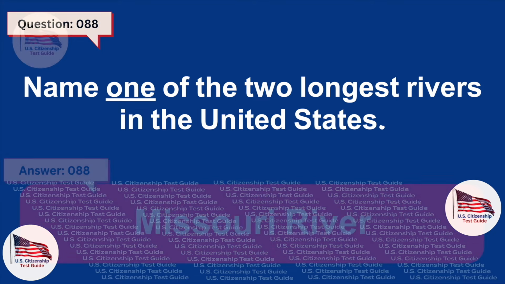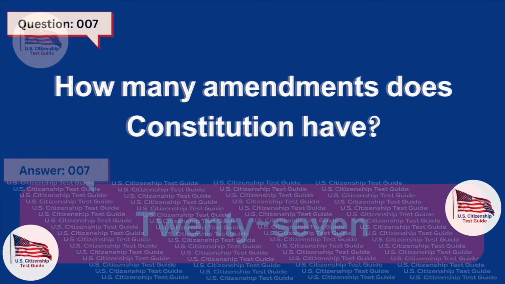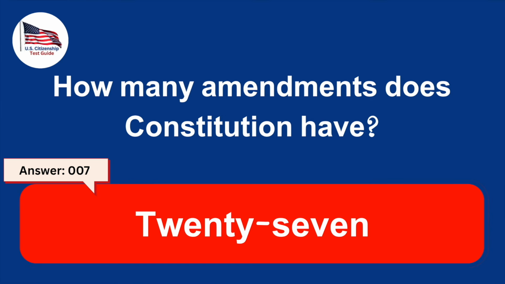Who lived in America before the Europeans arrived? American Indians. How many amendments does the Constitution have? 27.